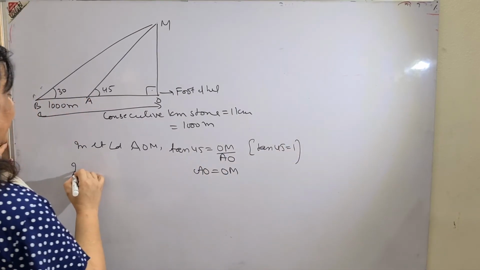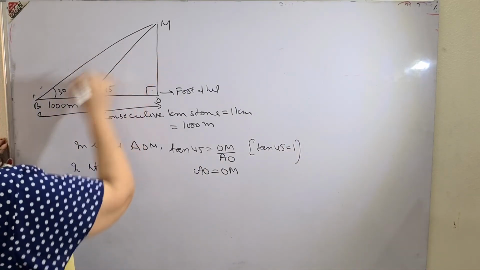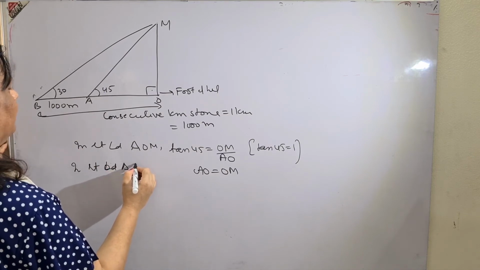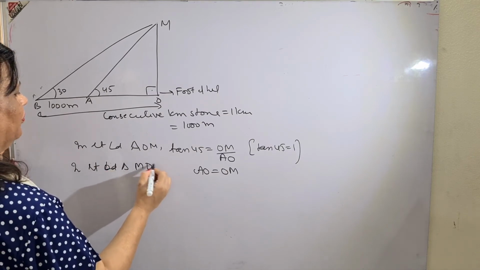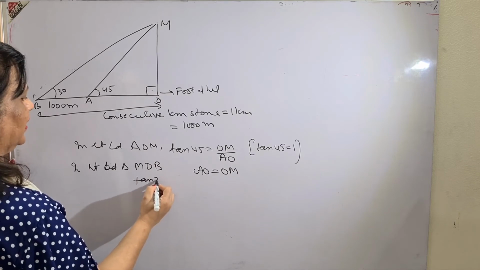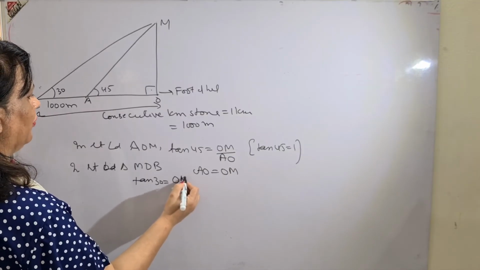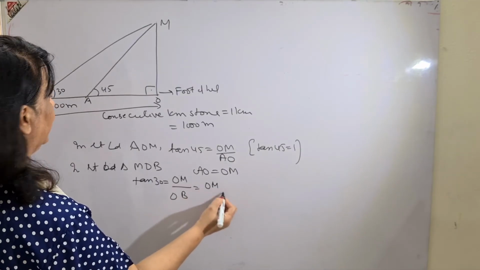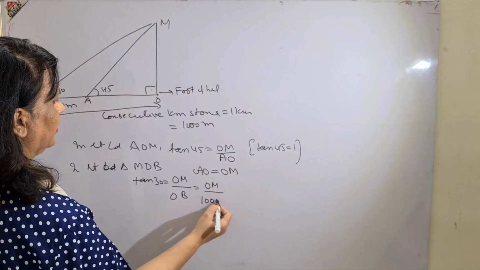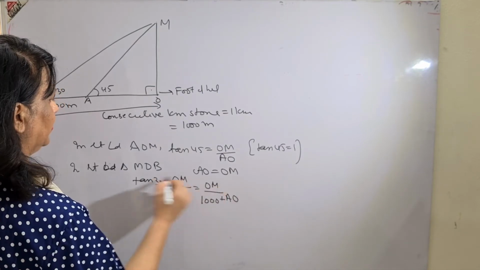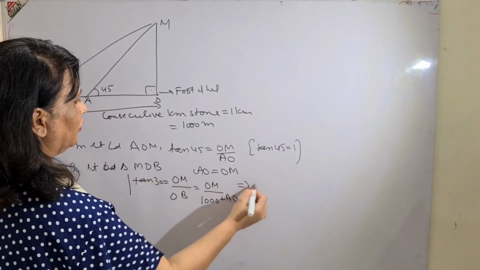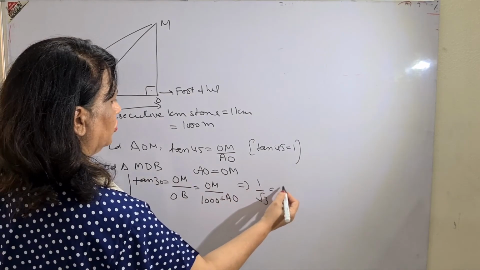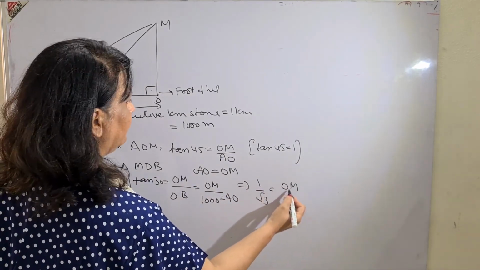Then in right angle triangle OMB, please mention triangle OMB, or MOB you can write. Tangent of 30 is equal to OM upon OB, that is OM upon OB can be written as 1000 plus AO, and then you take both the values, 1 over root 3, that is tangent 30, is equal to OM, which is equal to AO.